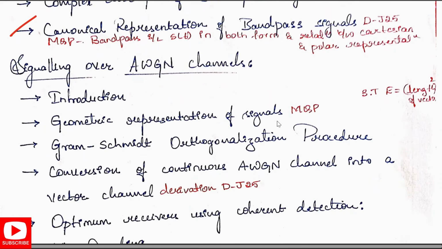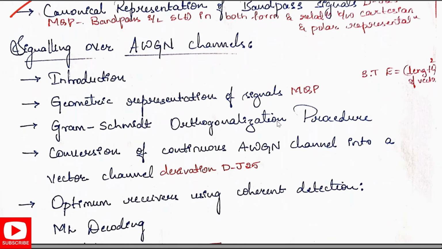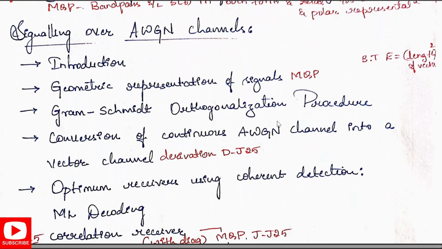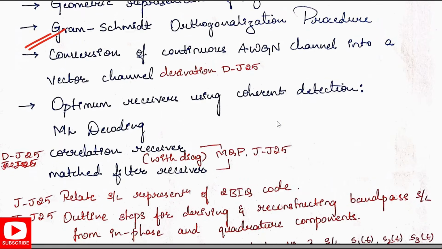Coming to signaling over AWGN channels, here we have the geometric representation of signals, then GSOP. This is important for a problem. Then the conversion of the continuous AWGN channel into a vector channel, the derivation. Then optimal receivers, that is, in coherent detection we have 3: ML decoding, the coherent correlation receiver and the matched filter receiver.